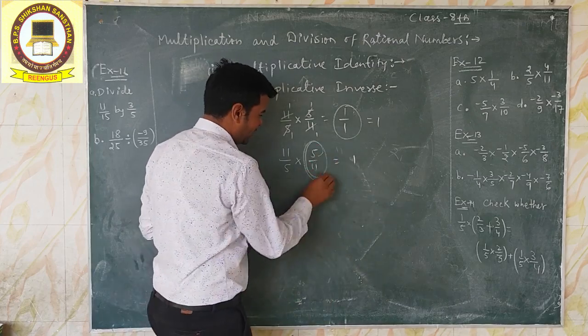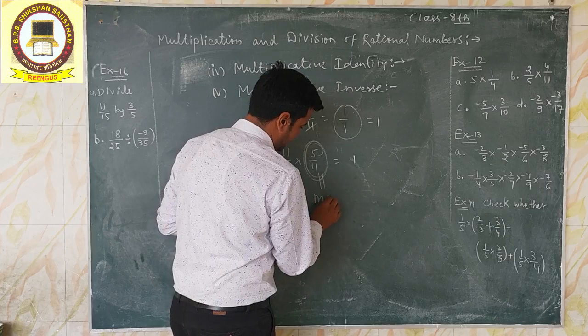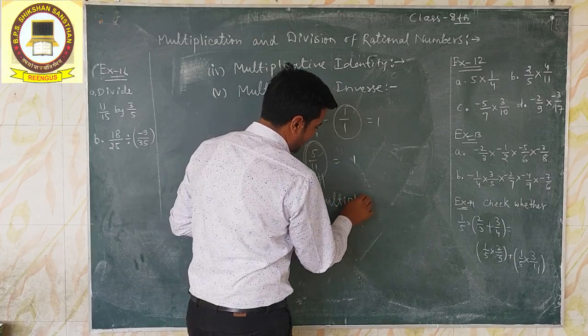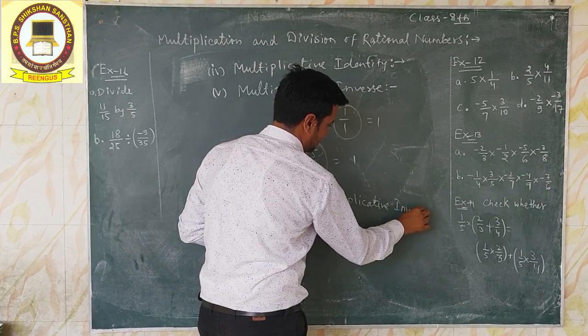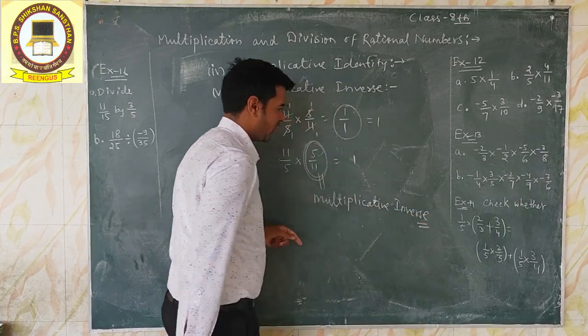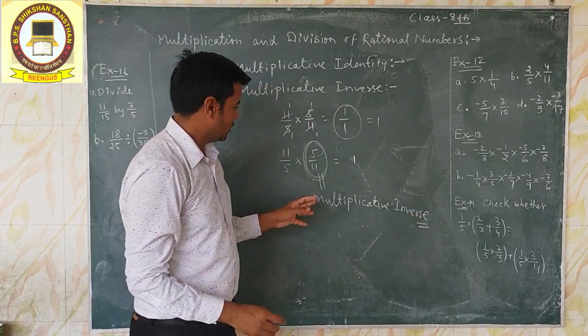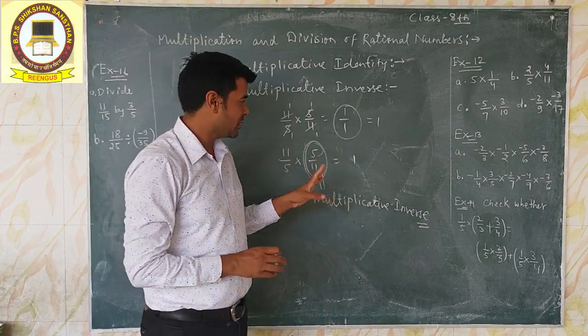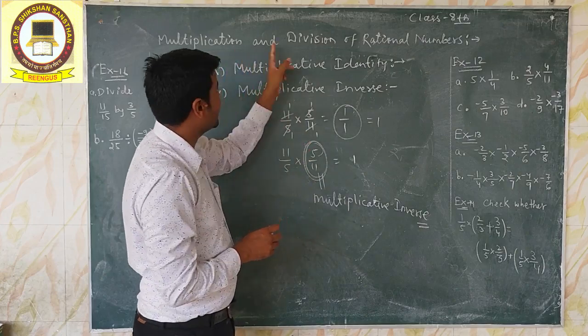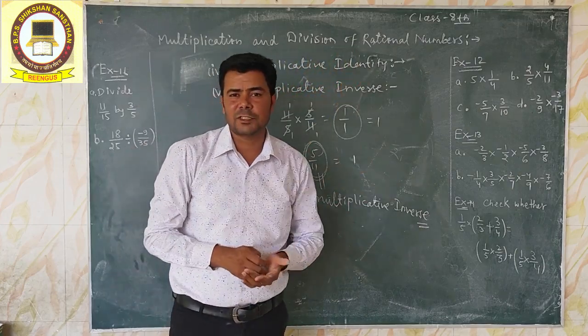So 5 by 11 is the multiplicative inverse, right? These are the properties of rational numbers. These are the properties of multiplication and division of rational numbers, right?